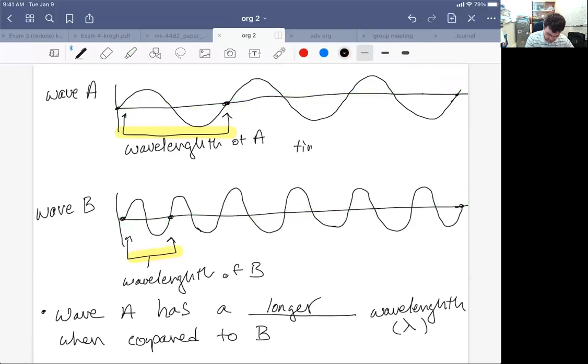Should perhaps label that. Well, no, because sometimes we want that distance to be a distance. If we consider wave A and wave B, and the x-axis is consistent, what we notice is that wave A goes through 1 period, 2 periods, 3 periods.